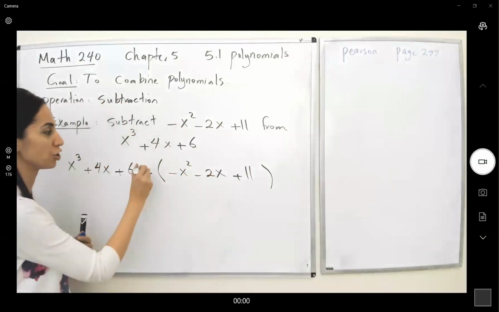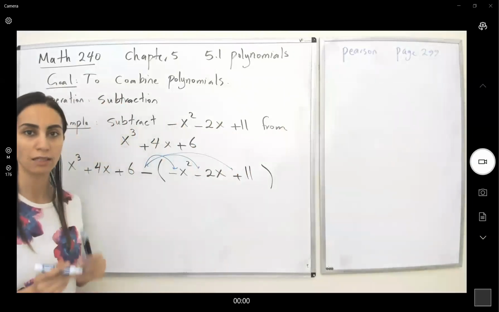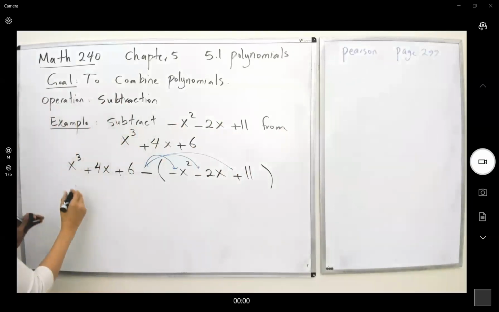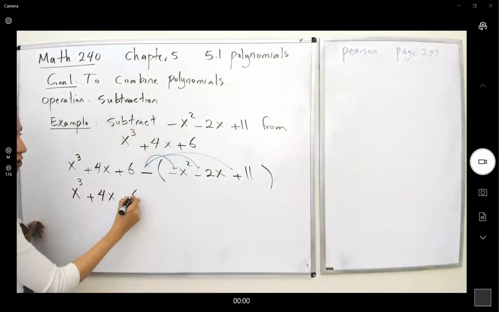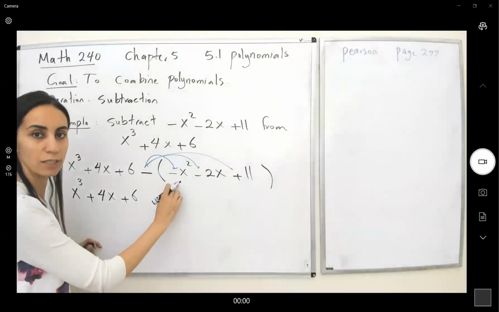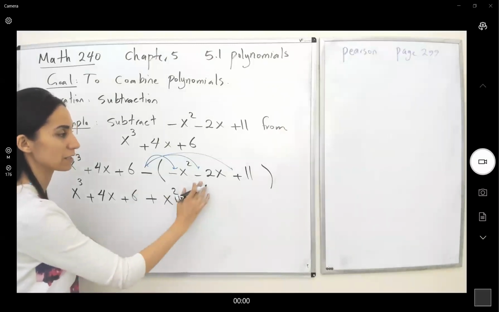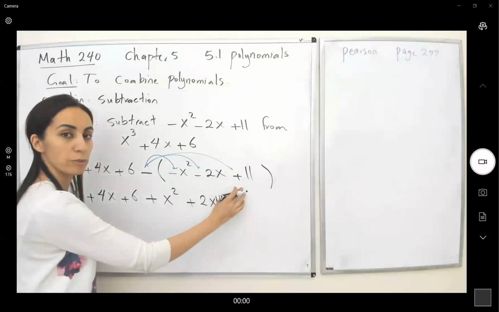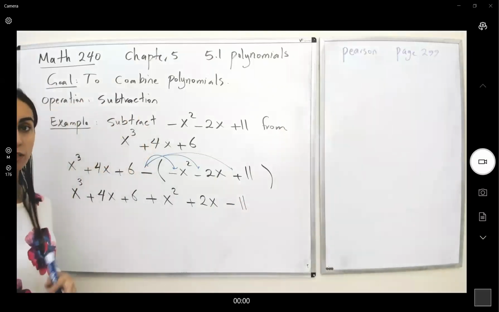Let us distribute the negative sign into the parentheses. Then we look for like terms. This is equal to: we copy down the first term, the second term, the third term. Minus times minus, two negative signs, gives you plus x squared. Minus times minus gives plus 2x. Minus times plus gives minus 11. Very well.